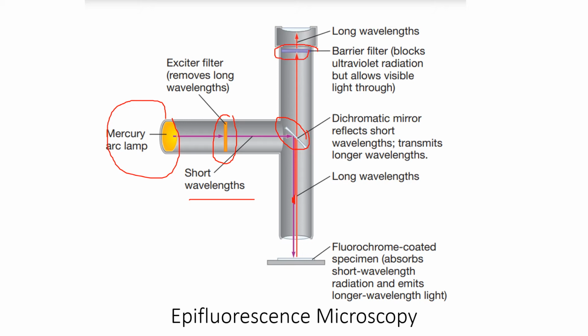The barrier filter is ensuring that, see, it might be possible that when these molecules are coming to the ground state, some other kind of light rays like UV radiation and other radiation are emitted, and they might pass through the dichromatic mirror.